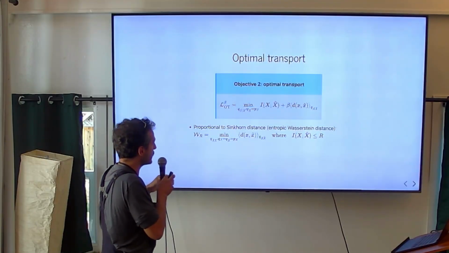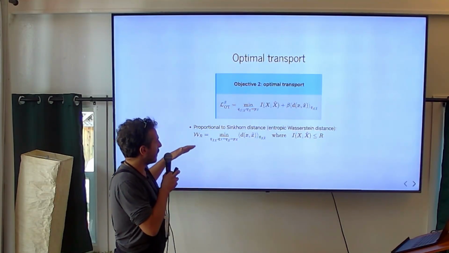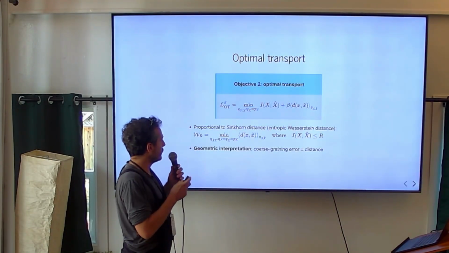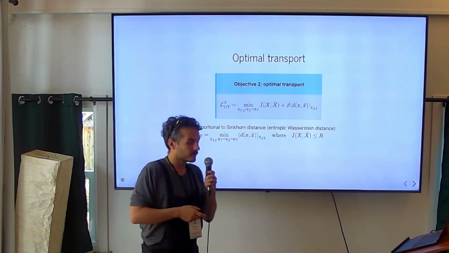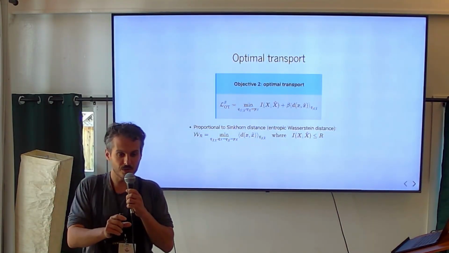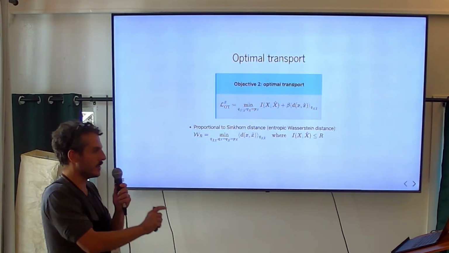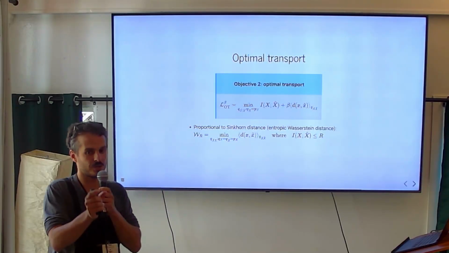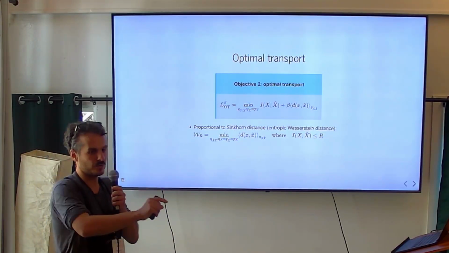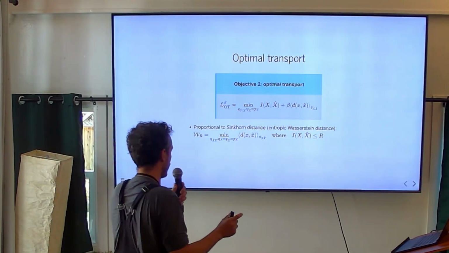In optimal transport, we say, find me a joint distribution that transports one marginal to another marginal while minimizing a cost.